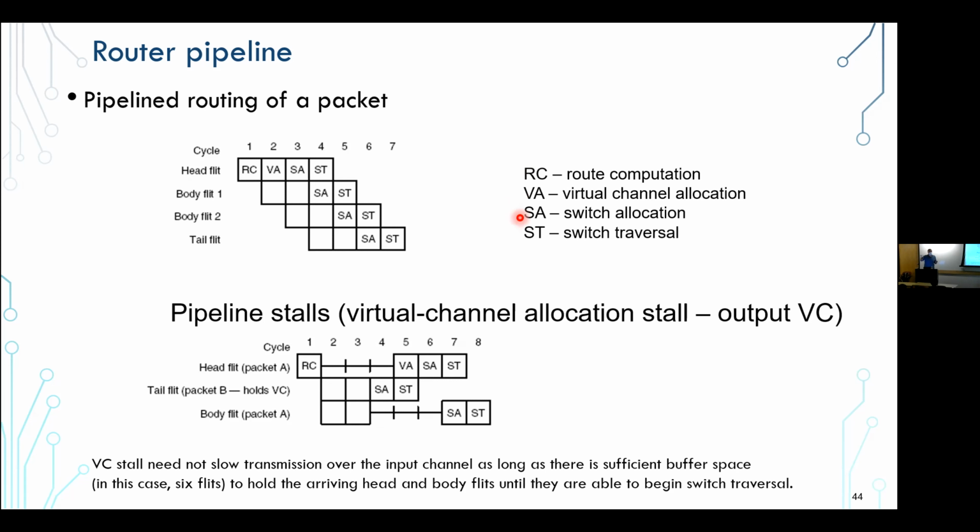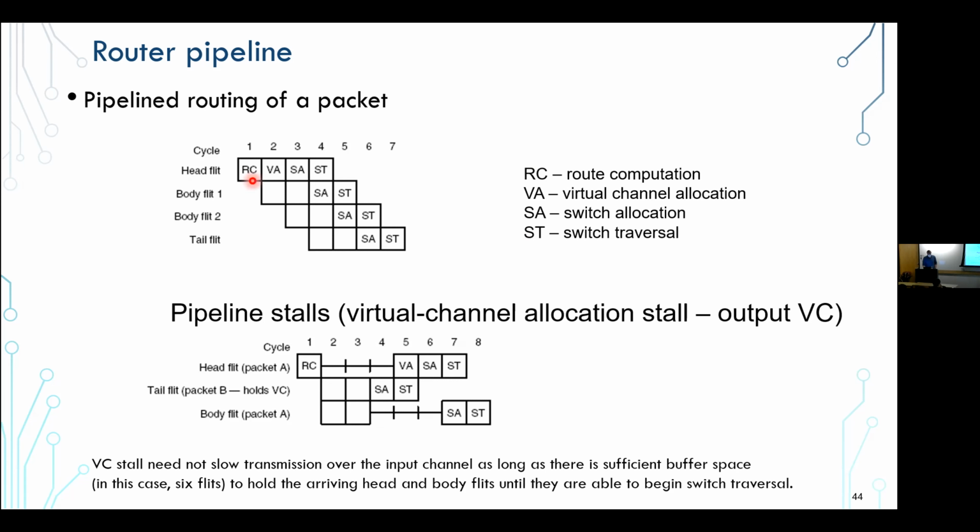Or someone else also wants to go to output 2, in which case I can't make it there, right? And then there's the actual switch traversal. If the switch is big, as you will see, depending on the implementation of the switch, it's either going to be a wire delay or it's going to be some logic delay if you're maxing things out and then deciding, right? So you need to dedicate some time to each one of these stages.